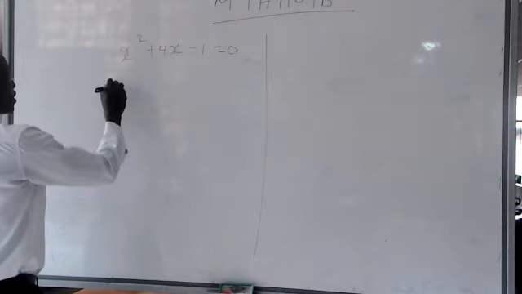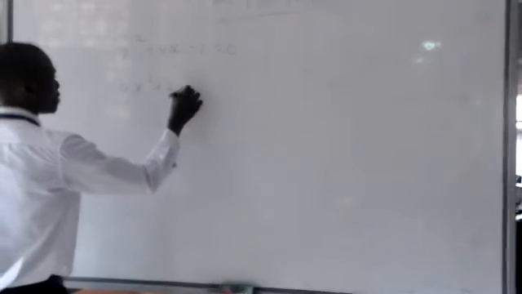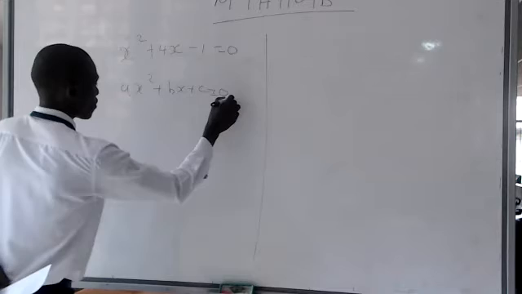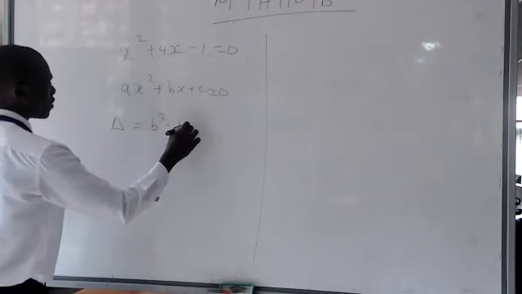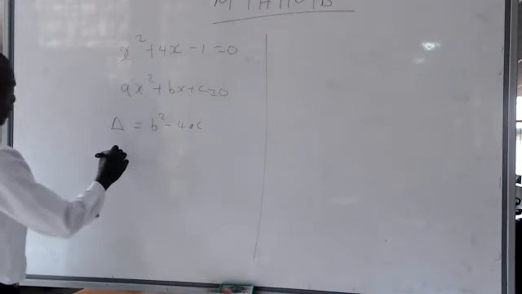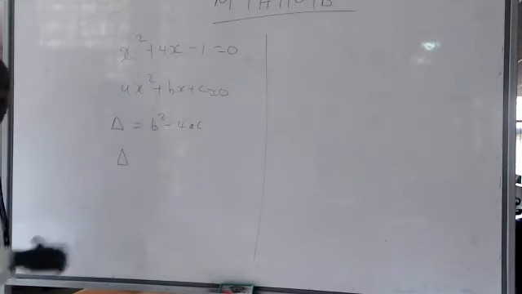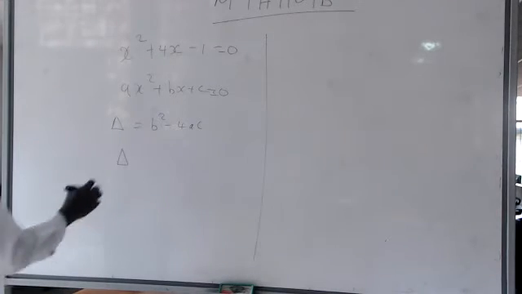So the discriminant, given any equation of the form ax squared plus bx plus c is 0, we define as b squared minus 4ac, this number. And we stated that depending on the sign of this number, you can tell how many zeros an equation will have.